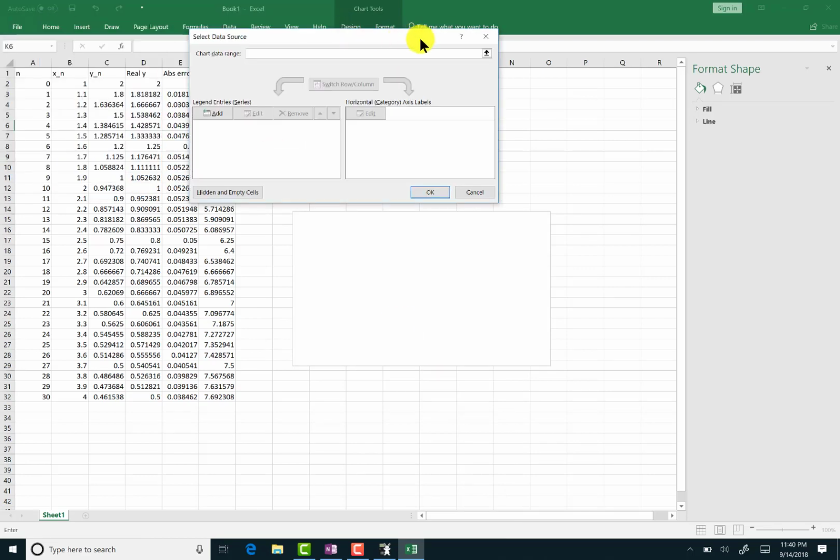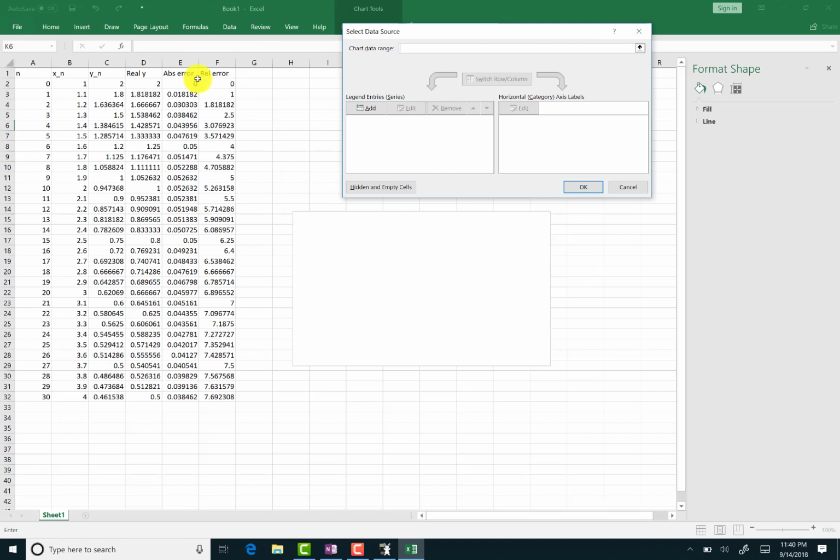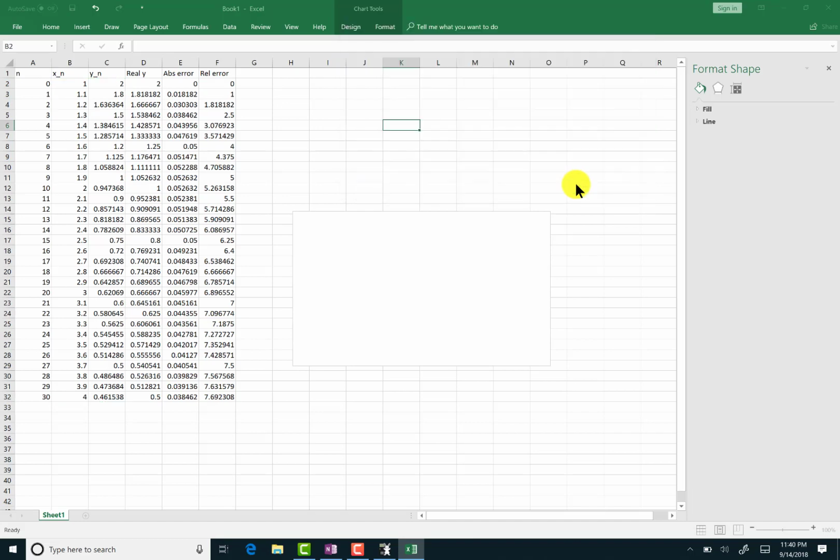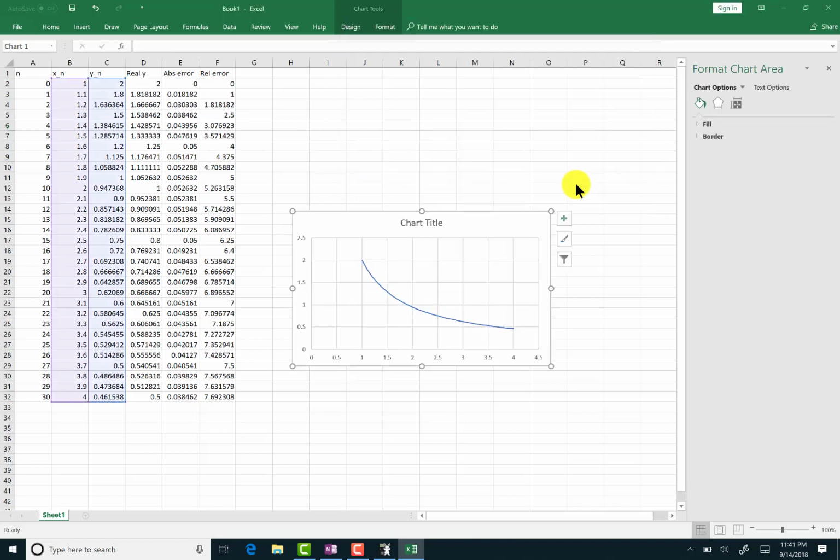Let's go ahead here. And I think I can do this for xn and yn. And it does a lot of the work for me. You can see it formats it and everything very nicely.